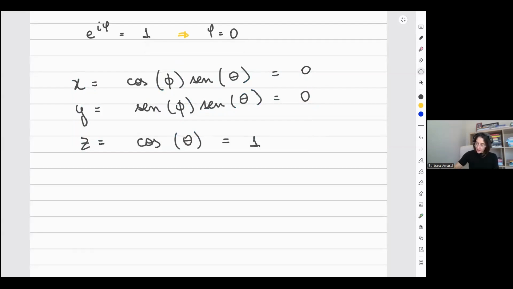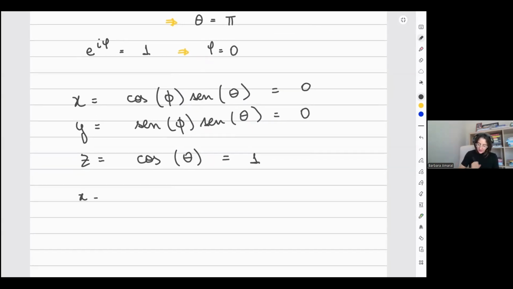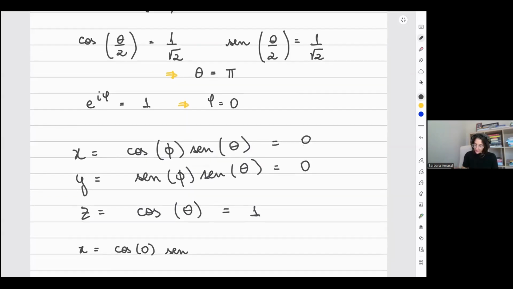We will have here with these two angles, x equal to cosine of 0, sine of theta. There's something wrong. It should be pi over 2, no? Yes, thank you. Because I need 45 and 45 is pi over 4. Thank you.